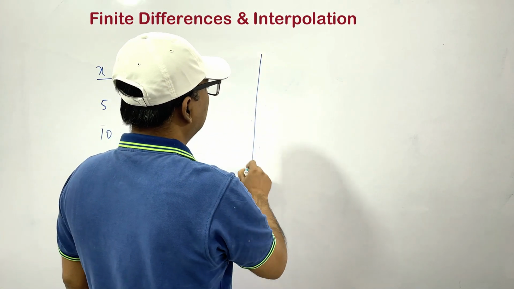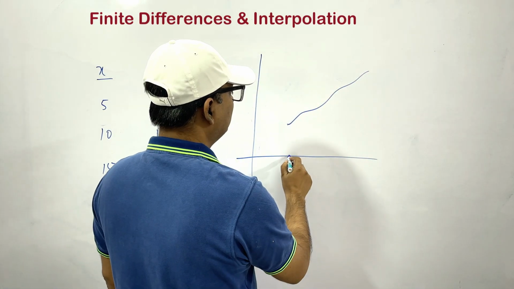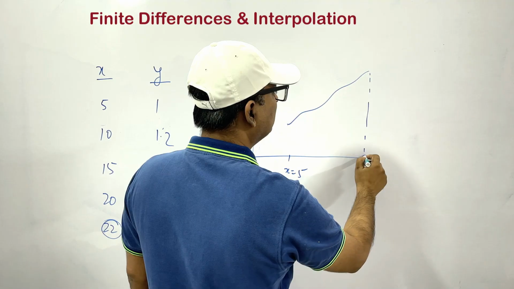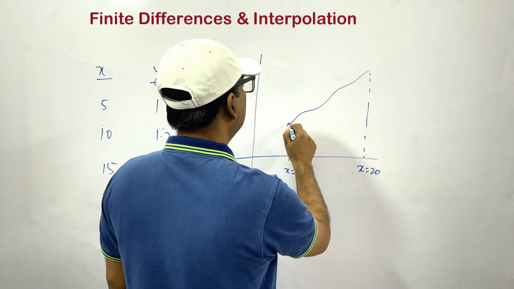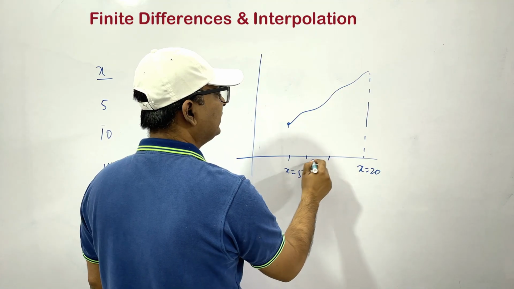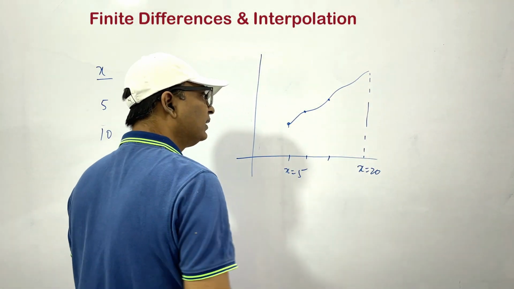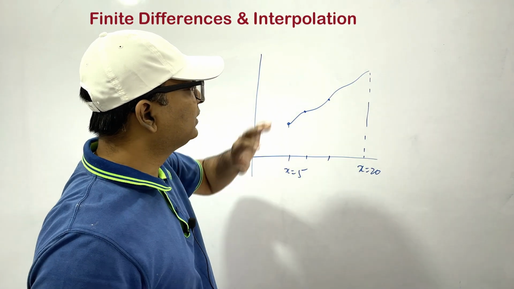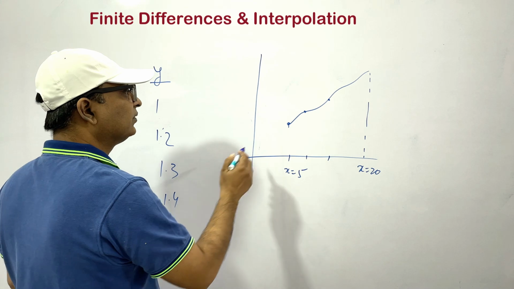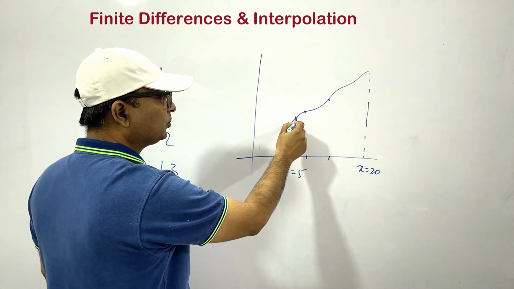That is, if a graph is plotted, we have this graph from x equal to, let's say, 5 to x equal to 20. Actually, we don't have a graph, we have points 5, 10, 15, 20. So we know the values like this, and if we are able to approximate this graph, when we find the function, we actually find the curve, so that we are able to tell the value at this point.